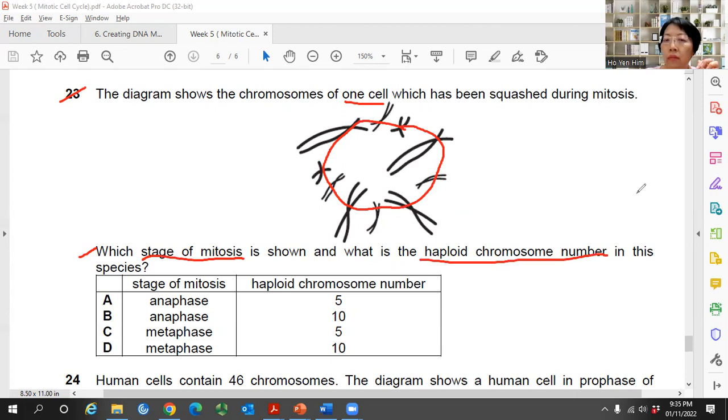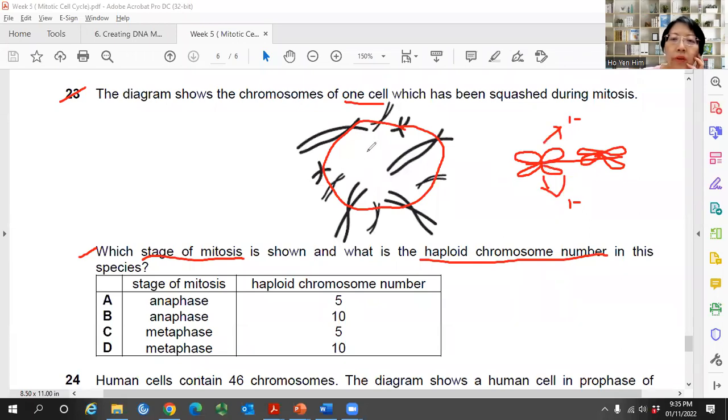We learned that chromosomes arranged at the equator, not in a circle. So let's say this is the pole, this is the equator. Chromosomes will arrange this way at the equator, because the sister chromatids are supposed to separate to the poles, right? So that's how they arrange, so that the sister chromatids can separate to the poles.